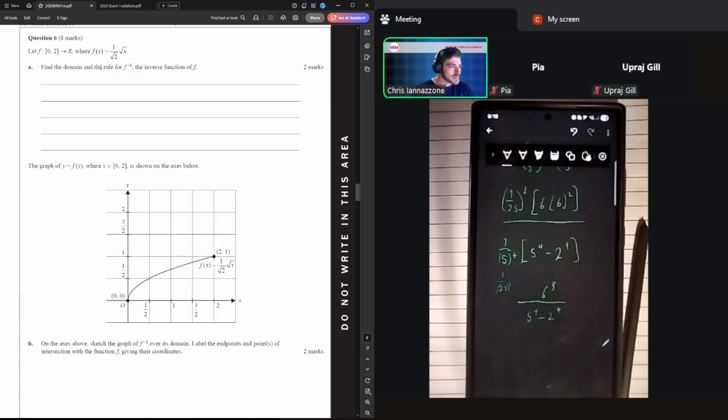Sketching F inverse, label endpoints. Why not? Very briefly going to revise your ability to sketch a quadratic, a very simple quadratic. We'll call it a speed test then, see how fast you can get a quadratic down and get a free 2 marks.